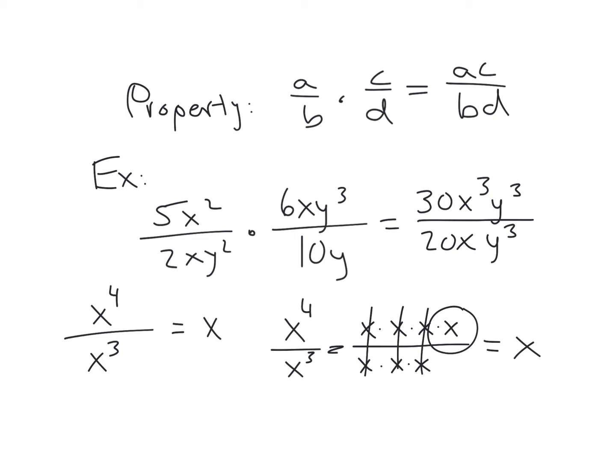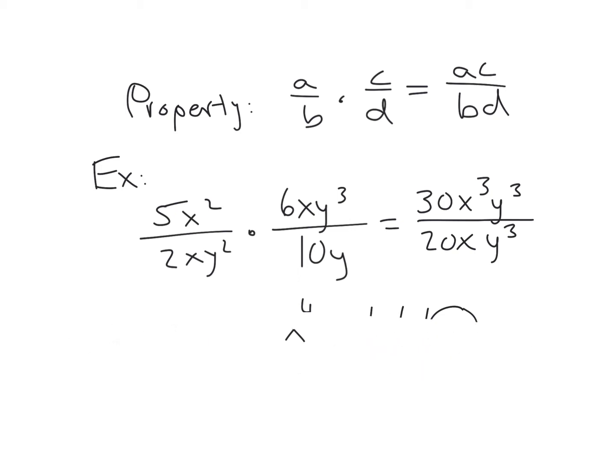Now, what happens if it's reversed? Because we always said it was top minus the bottom. If I had x to the 3rd over x to the 4th, then that would be 1 over x. If you did 3 minus 4, that would be x to the negative 1.